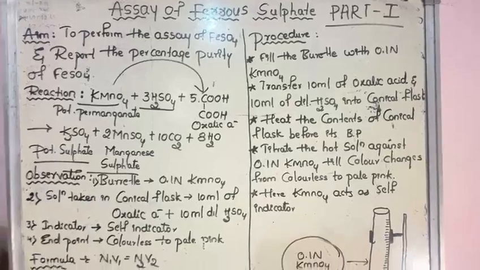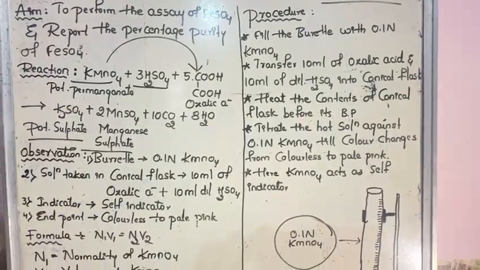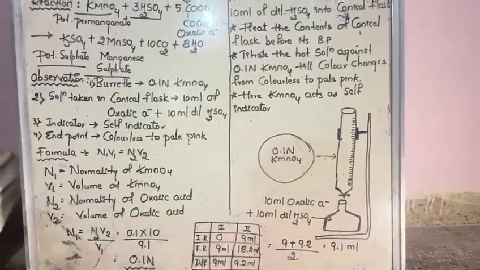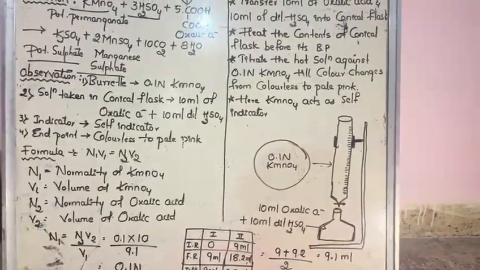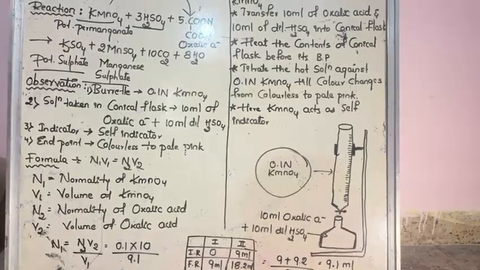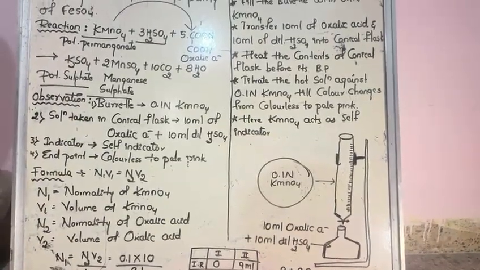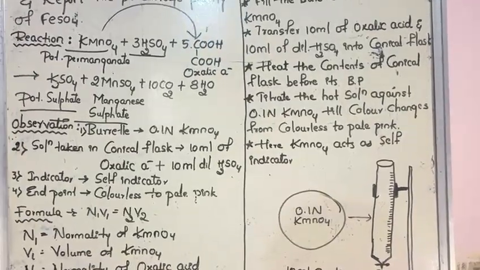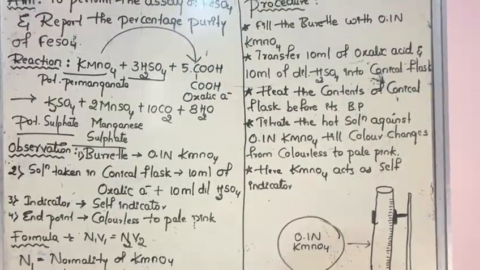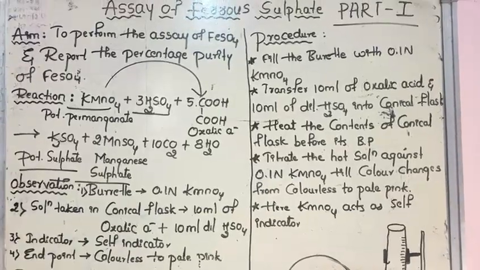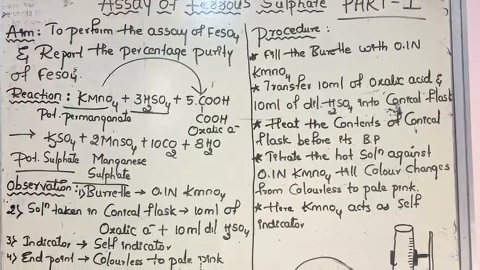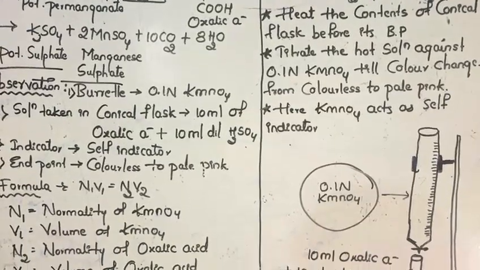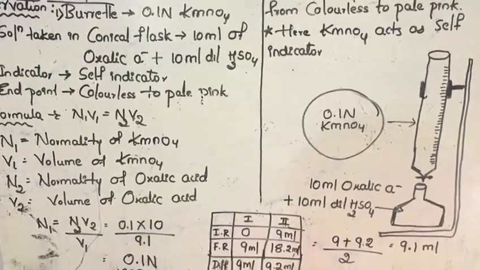The solution taken in the conical flask is the primary standard substance, meaning the substance with known concentration, that is oxalic acid. KMnO₄ acts as an oxidizing agent only in presence of acidic medium, so I am adding sulfuric acid. There is no need to add an indicator because KMnO₄ acts as a self indicator, and the endpoint will be colorless to pale pink.